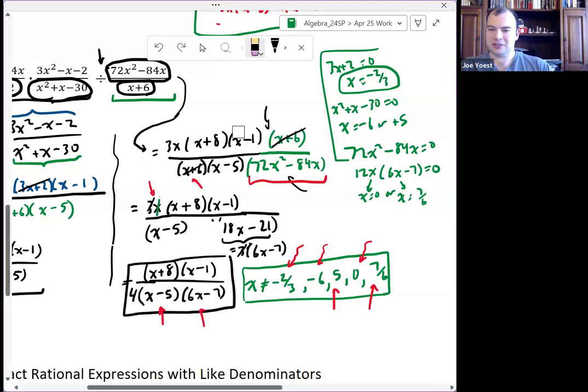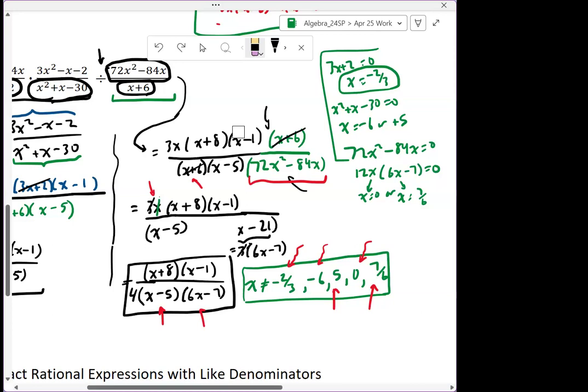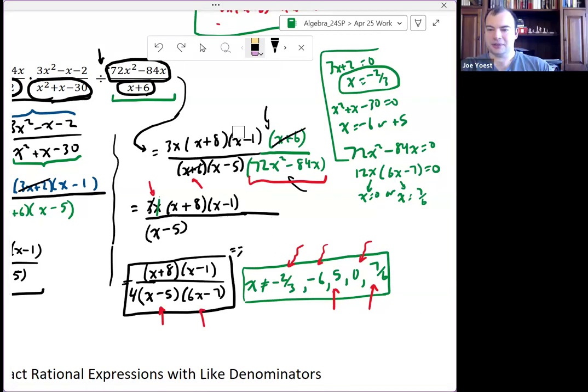That was why I started with a smaller factor coming out, because that would be really hard to see. But if you saw that, that's great. So we'd end up with 12x times what? 6x minus 7.